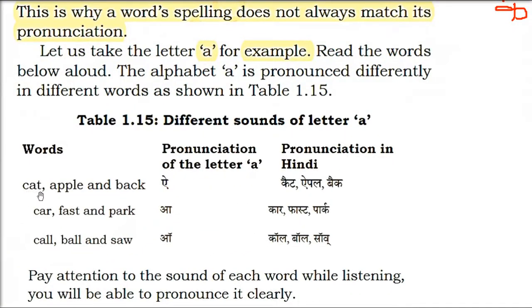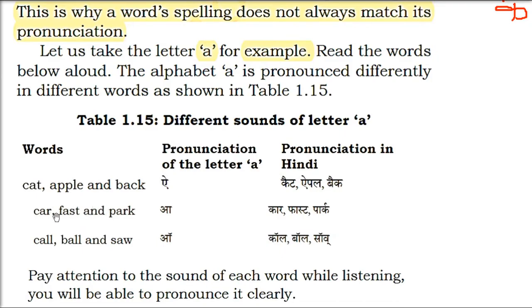In the word cat, you say A. Apple, A. Back, A. Cat, back. Apple, you are speaking A for A. Now, when you speak car, you don't speak A, you speak A. Car.